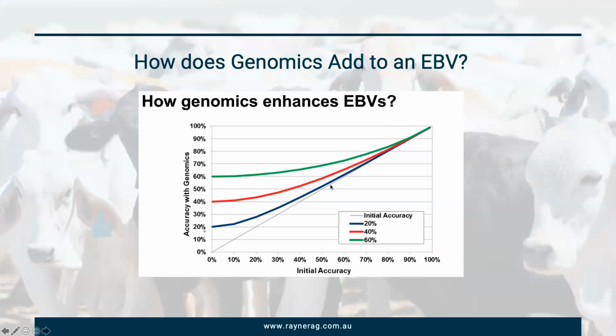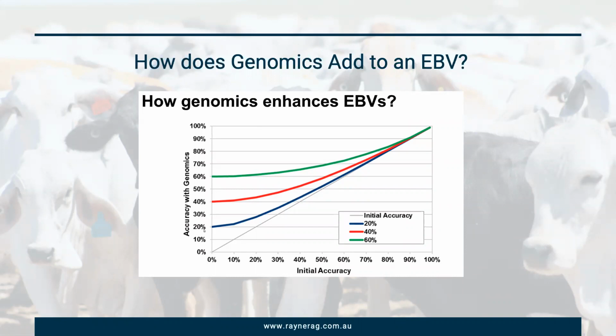Some of those other traits where we might have initial accuracies based on a little bit of limited data, some pedigree knowledge, and so on, having the genomics of that particular animal included in the EBV run lifts that EBV's accuracy quite high.